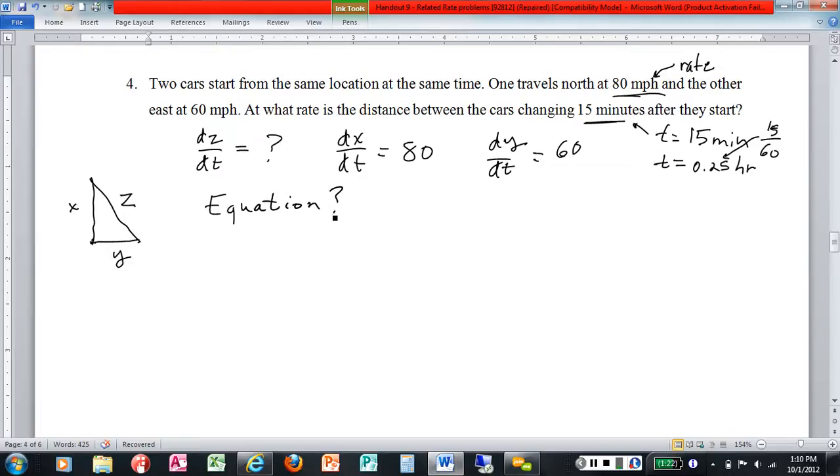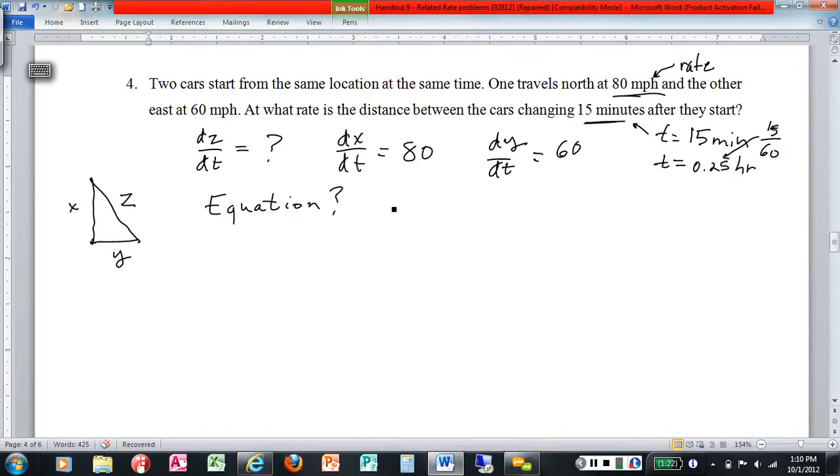What equation do you see happening out of this? What have I got right here in my drawing? It's a right triangle, isn't it? And what do we know about the right triangle? In the right triangle, there's a relationship among the sides called the Pythagorean Theorem, which says a squared plus b squared equals c squared. In this case, I used x, y, and z.